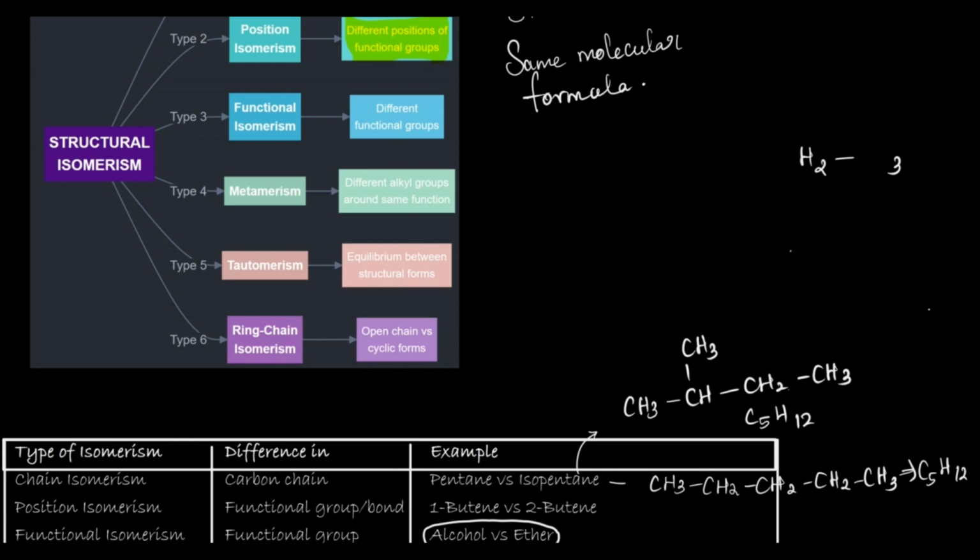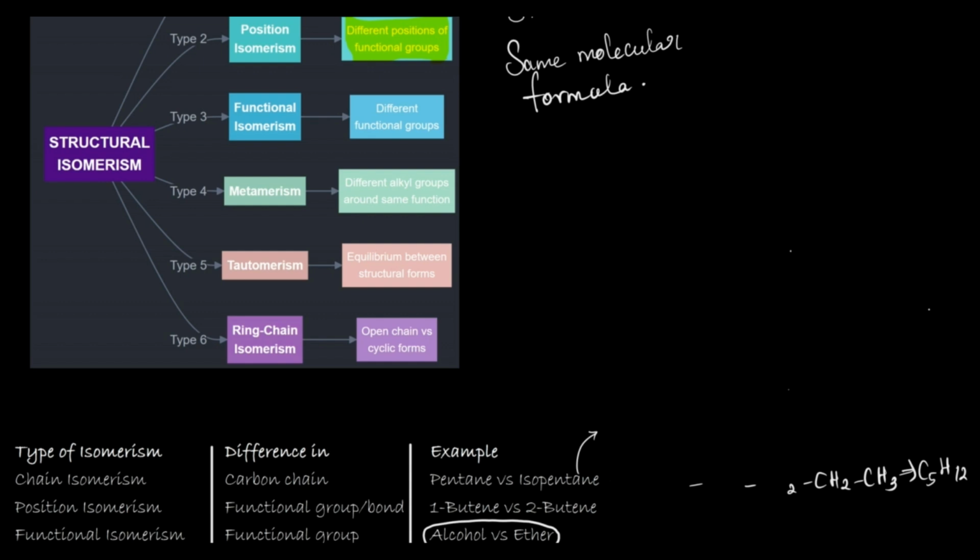Functional group, what is the general formula of alcohol? That is ROH. What is the general formula of ether? Yes, that is ROR, right? So, if I am taking alcohol, CH3, CH2, CH2, OH.